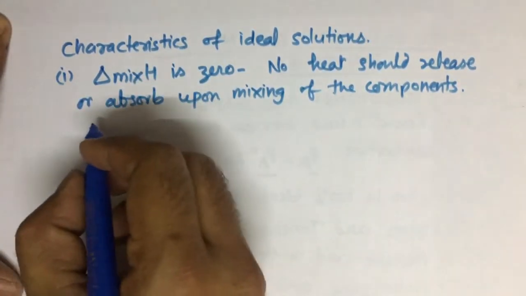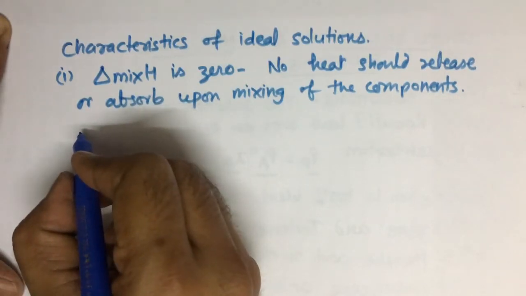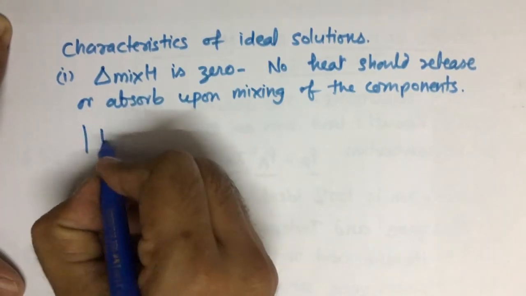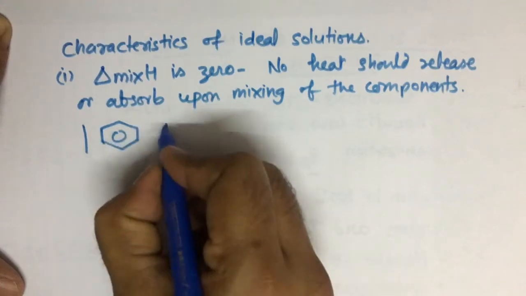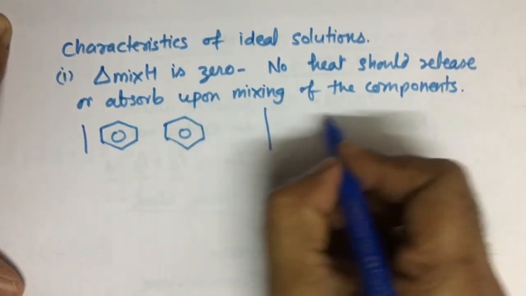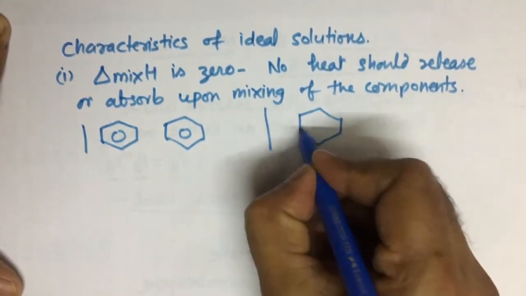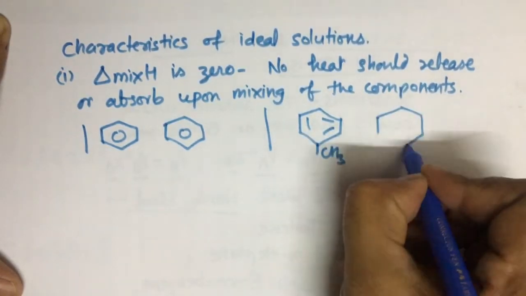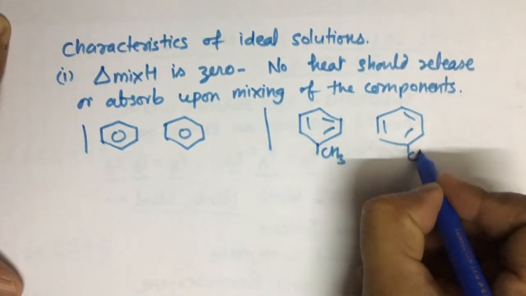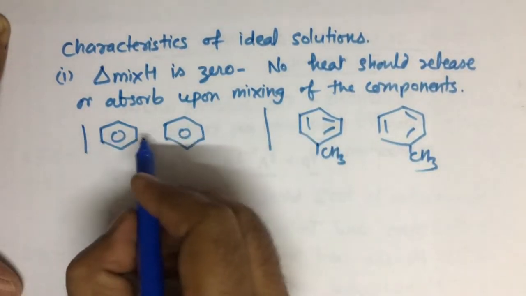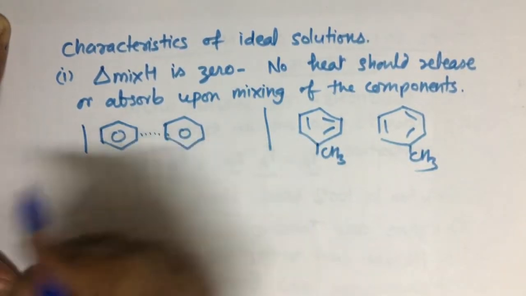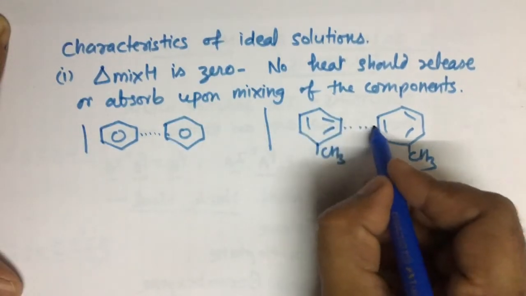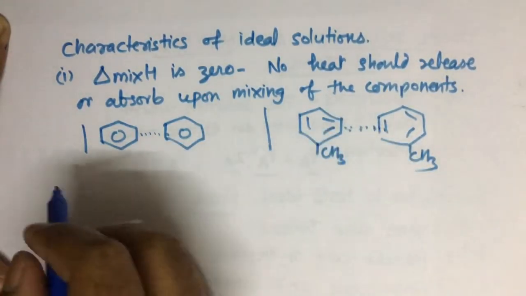So if there is a pure sample of benzene and a pure sample of toluene, now the interparticle forces between two benzene molecules, interparticle forces between two toluene molecules, they are in the pure sample.